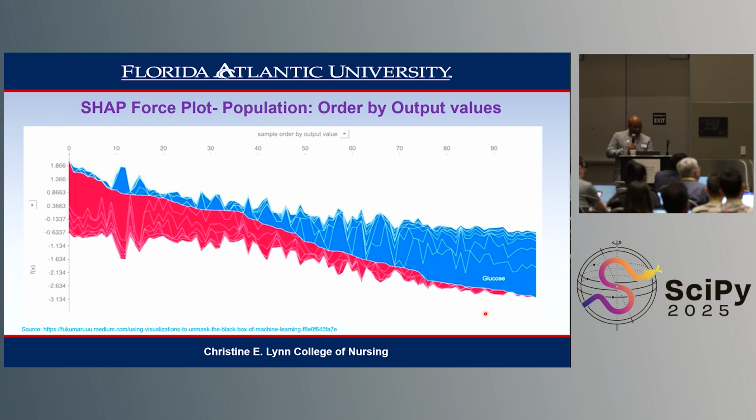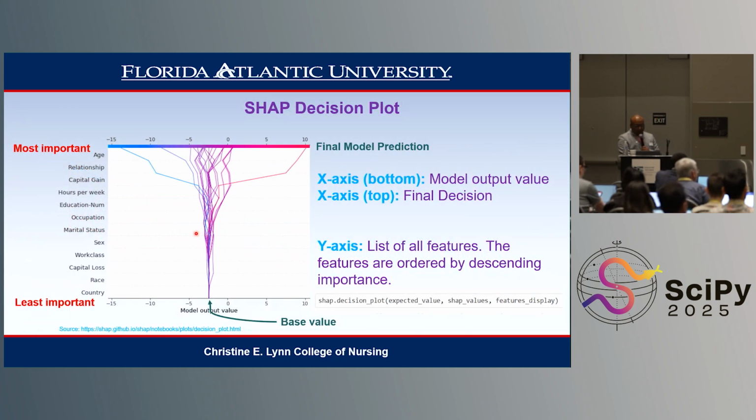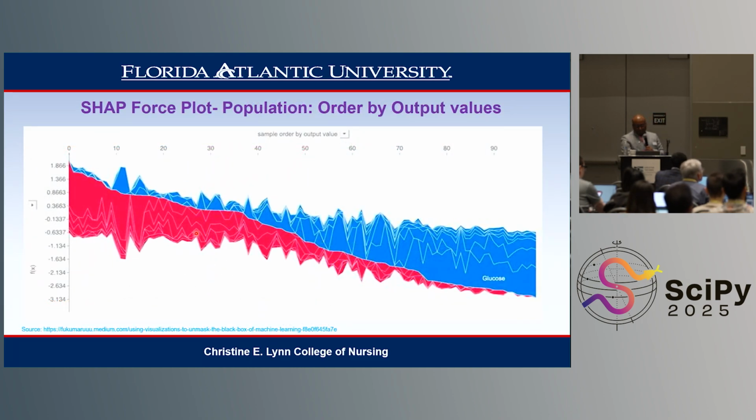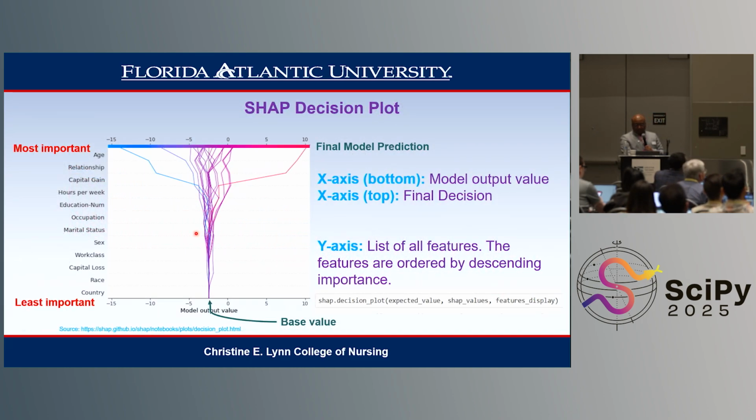And this is very important: these instances can also be ordered based on the model output and plotted in descending order. See the more positive here, less positive here, more negative here. Those are the force plots.